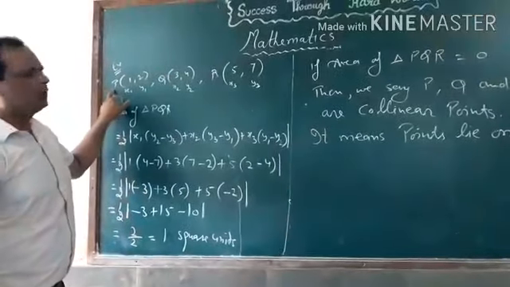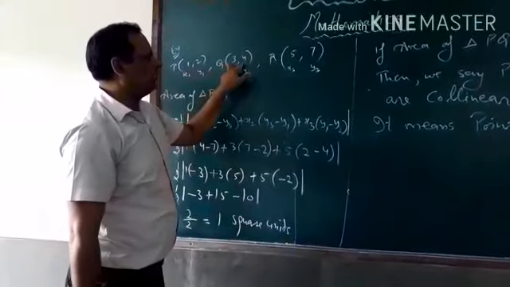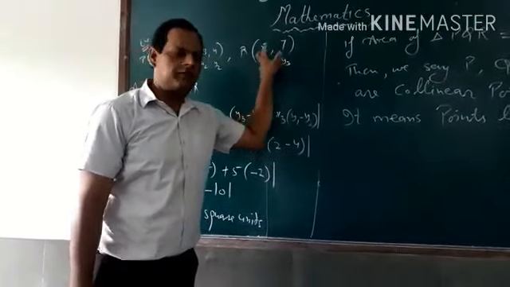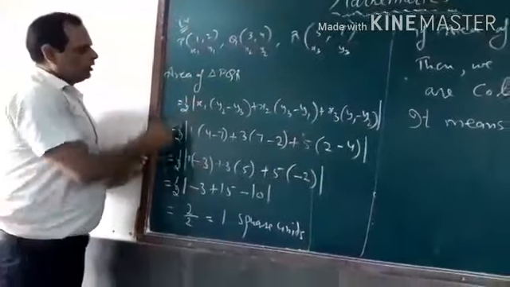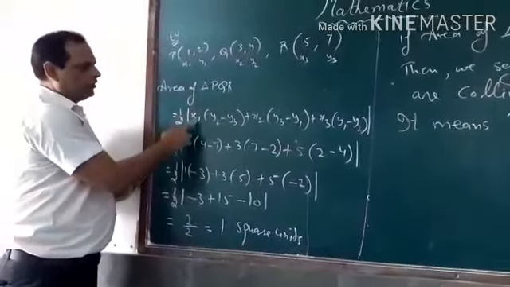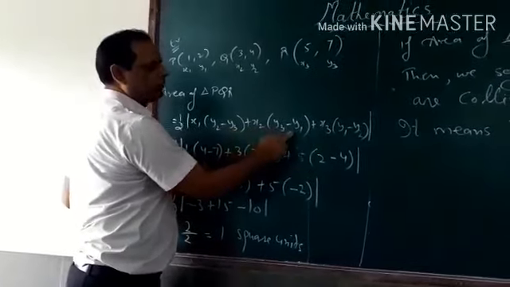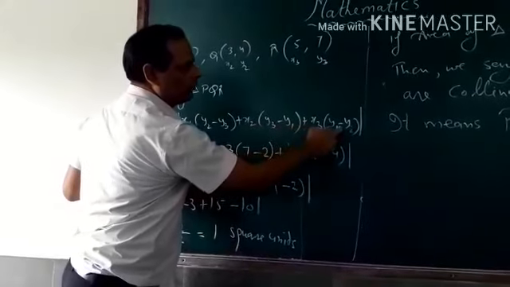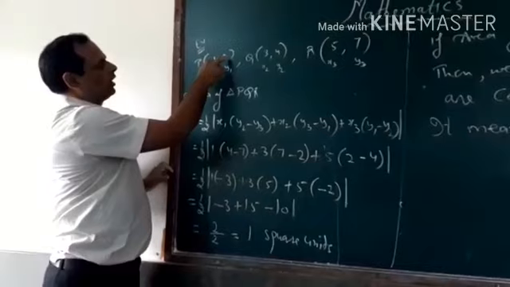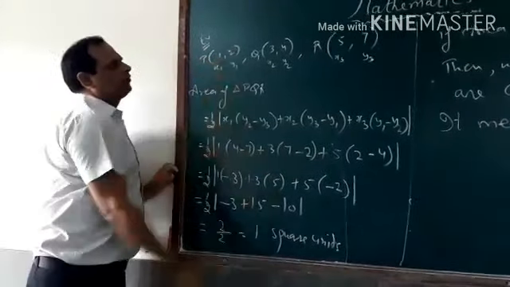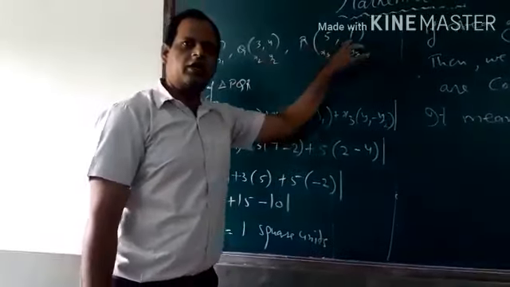We take an example. Point P, coordinate is (1, 2). Point Q, coordinate is (3, 4). Point R, coordinate is (5, 7). Now we find the area of triangle PQR. Formula is 1 by 2 x1 (y2 minus y3) plus x2 (y3 minus y1) plus x3 (y1 minus y2). See here, for point P the first coordinate is x1, second is y1. Here is x2, y2, and this point is x3, y3.